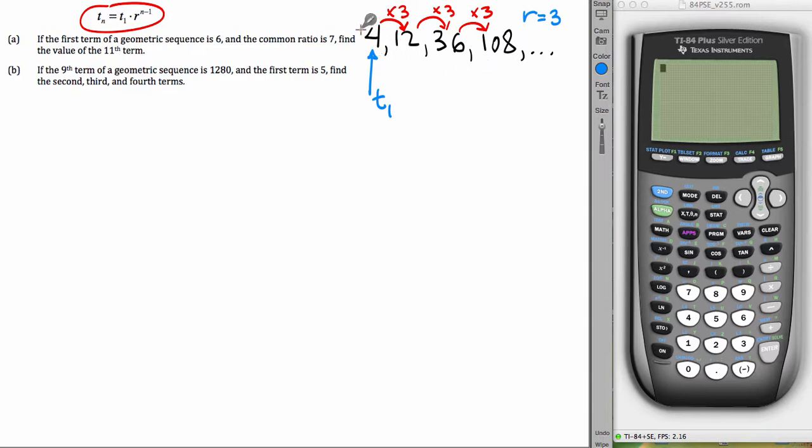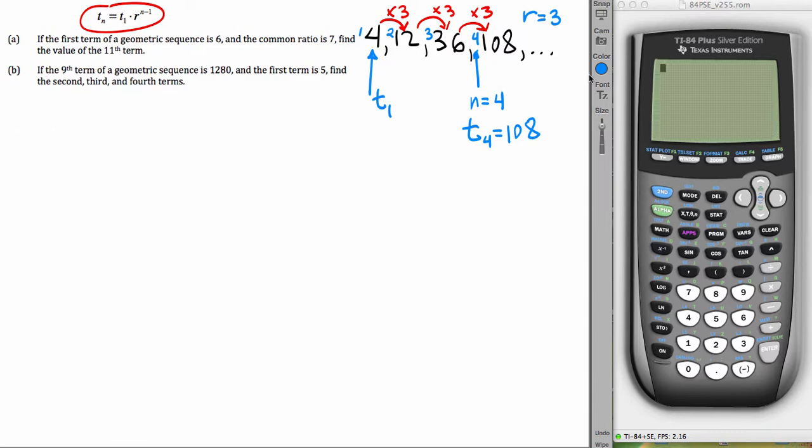Here is the first term, 4, second term, 12, third term, 36, fourth term, 108. Since it's the fourth term, n is equal to 4 for that specific term, and T sub 4, the fourth term, is equal to 108.